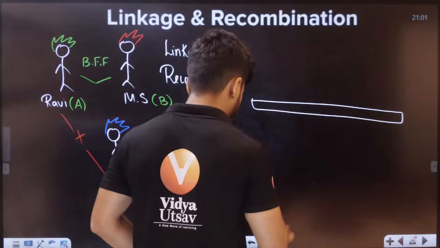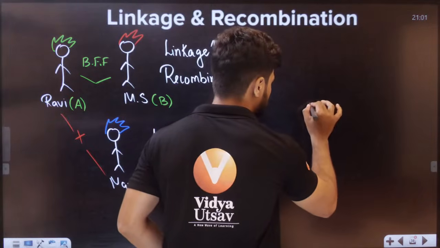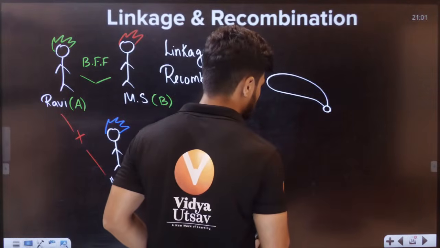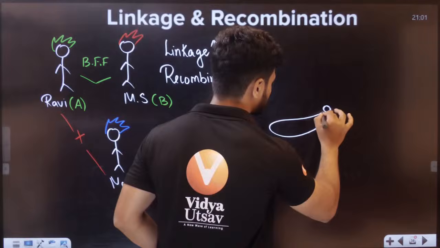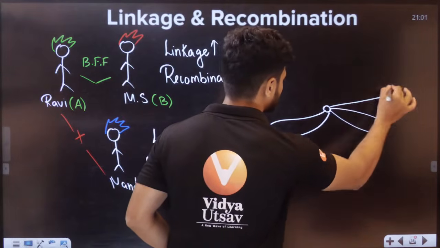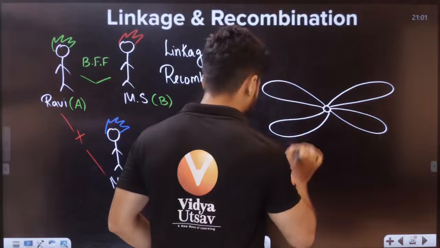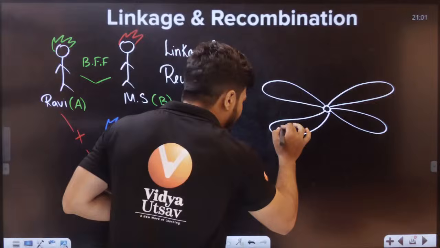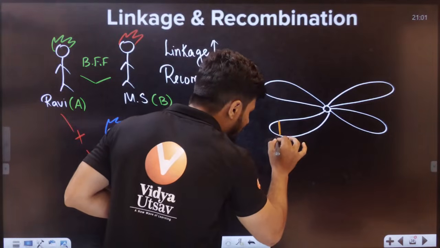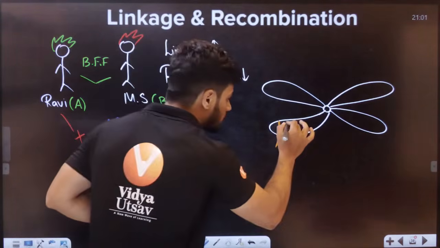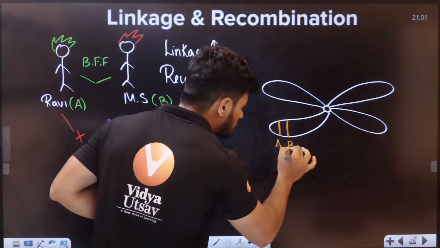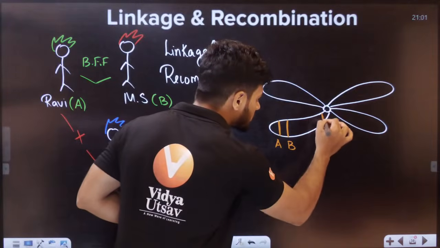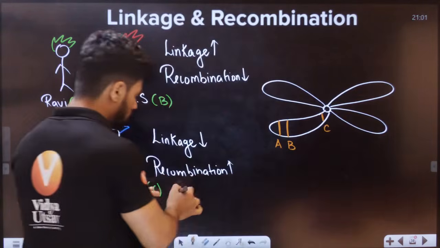On this chromosome, let's say I have gene A here, that is your Ravi, gene B here, that is your MS, and let's say I have gene C here, that is your Nandu.